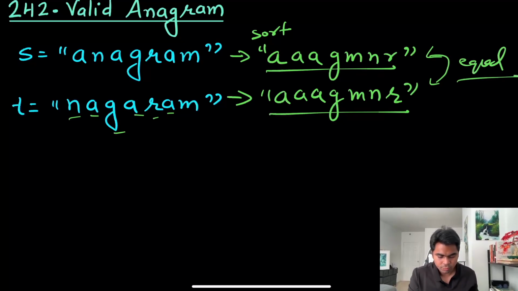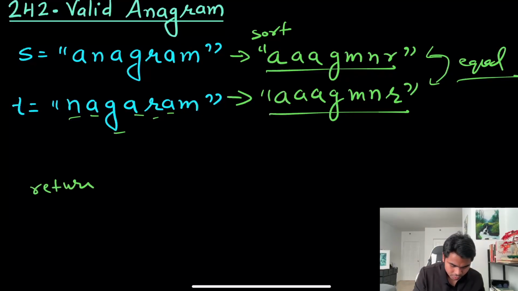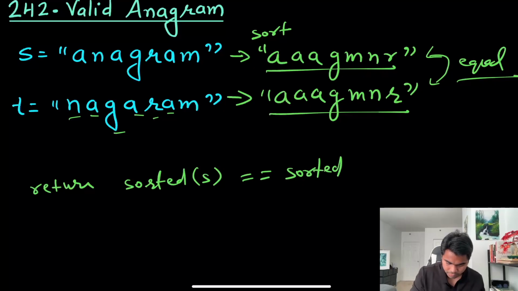So that's the brute force way of solving this problem. Simply sort s, and you will be returning sorted s equals sorted t.